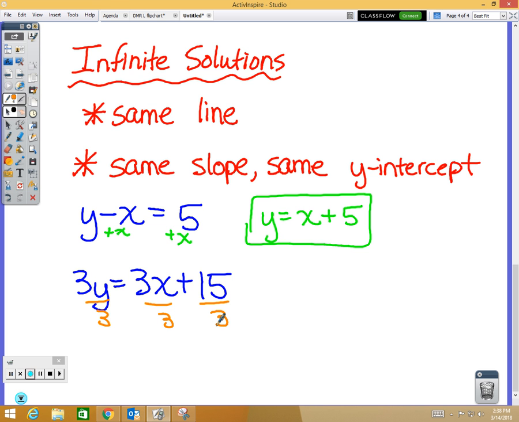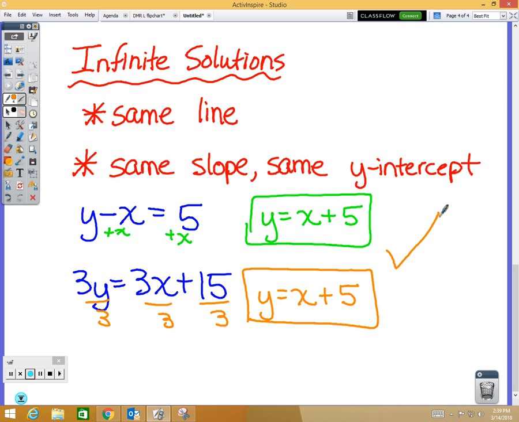Dividing both of those terms on my right by 3 gives me y equals x plus 5 once I simplify, right? 3 over 3 equals 1, 15 over 3 equals 5. So they are exactly the same, so my answer would be infinite solutions. If I were to graph these, it would just be one line on the graph.